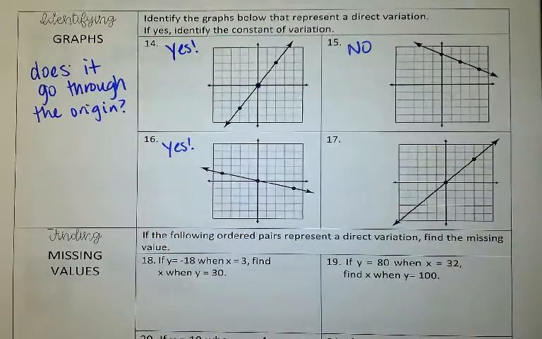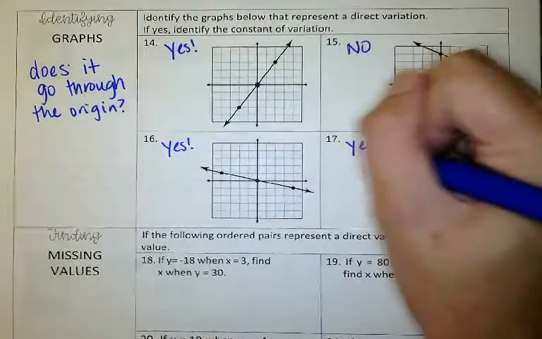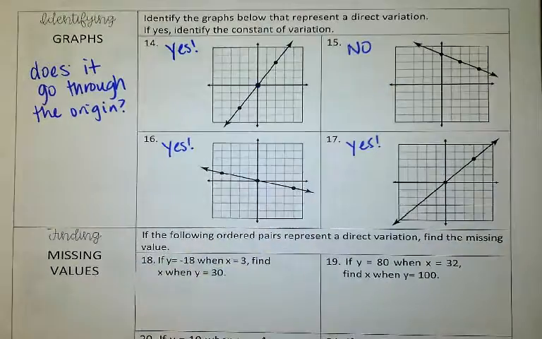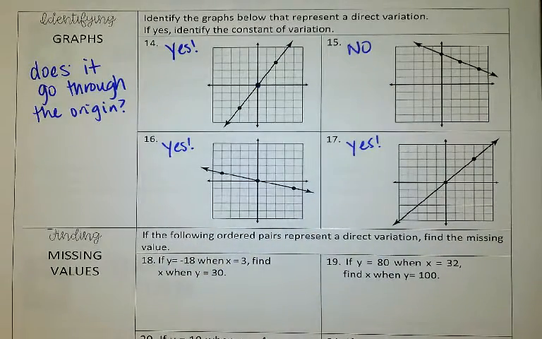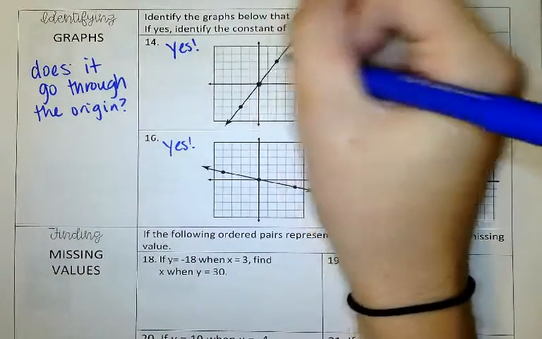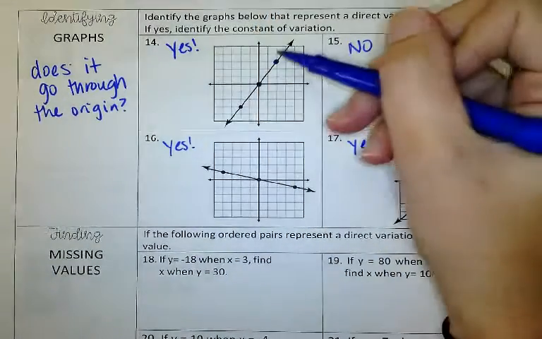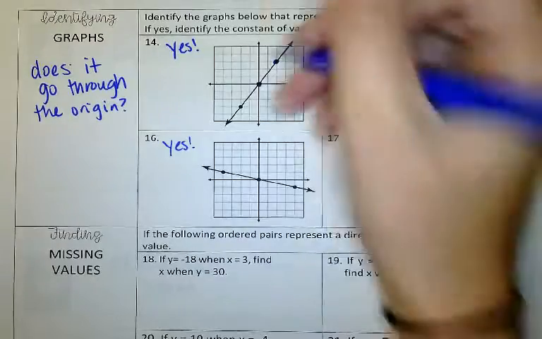Yay! So if we answered yes, now we need to identify the constant of variation. Remember, your constant of variation is the same thing as your slope. It's the y over the x. You can either use a point like (2, 3), or find your slope here, right?